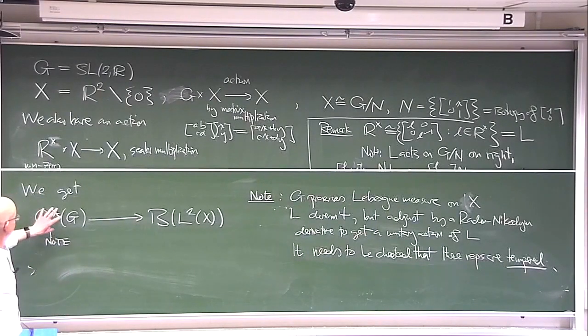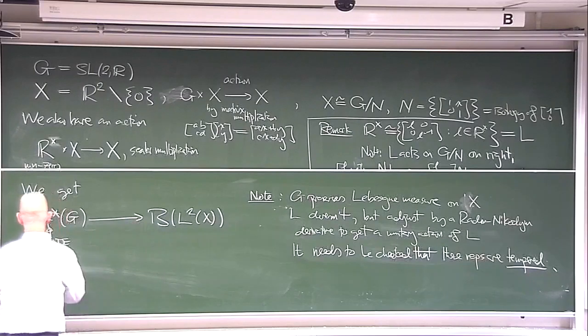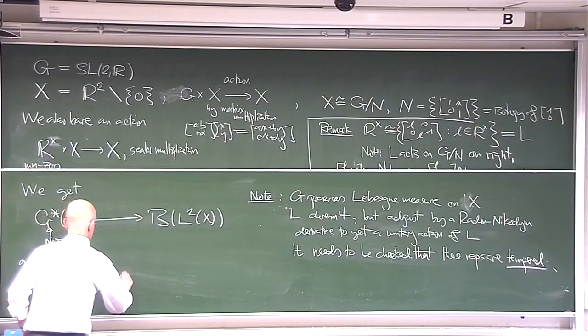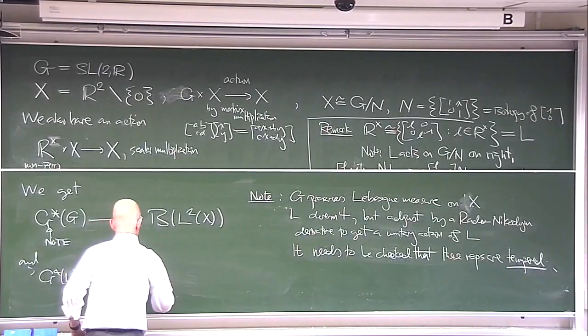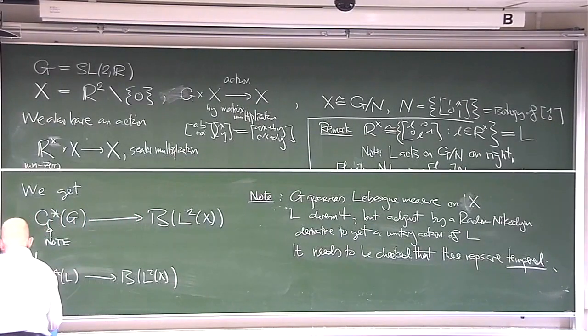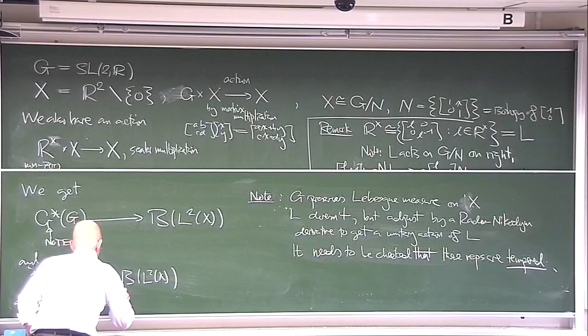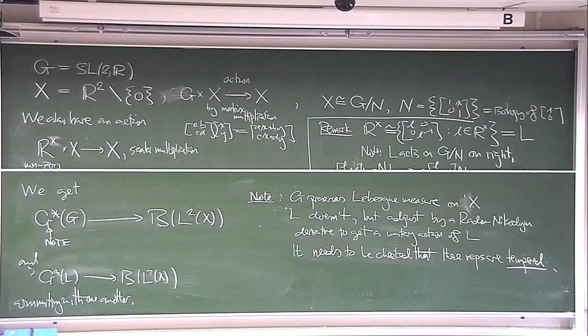On the other hand, here, the actions of C star of G and C star of L commute with one another. So there are many, many operators which commute with the left action of C star of G, and so this left action is not an irreducible representation.